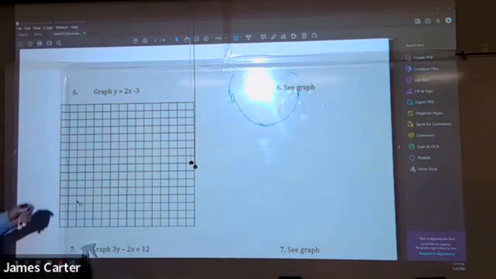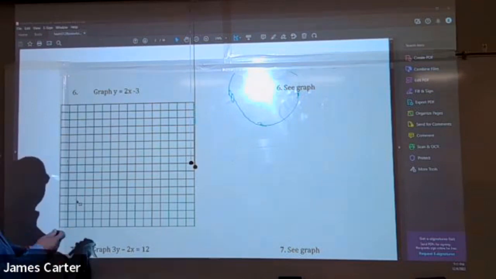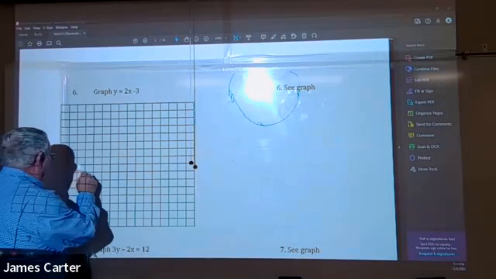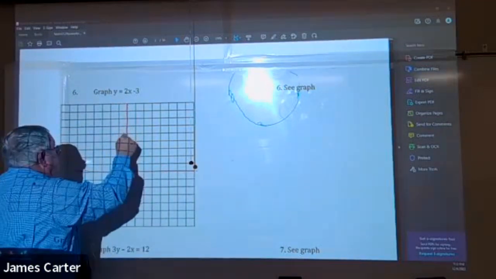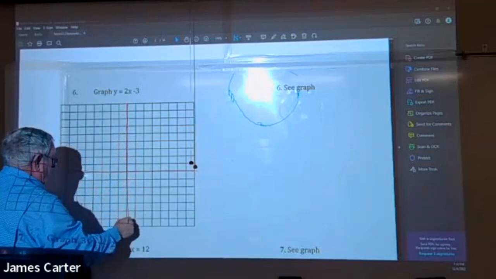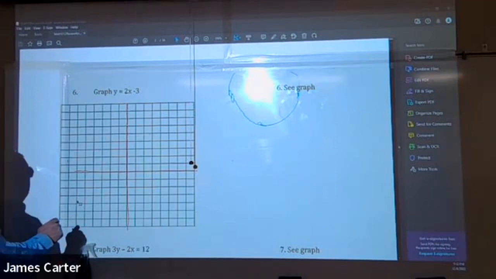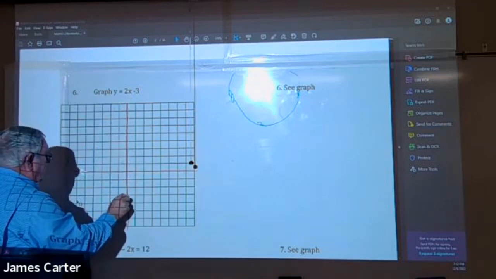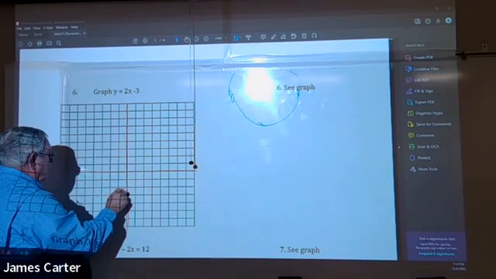I know. Okay. Graph that equation. Well, first thing I need to do is draw an XY axis on here somewhere. So I'll make that the X axis. I'll make this the Y axis. Okay. And this one's actually pretty easy to graph. -3 is my y-intercept, 1, 2, 3 right there. This is the point 0, -3.